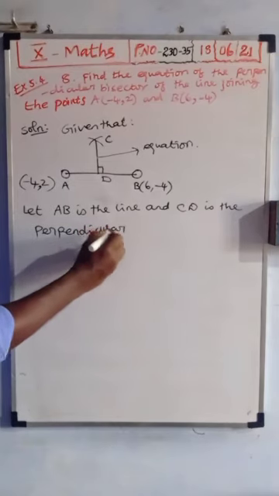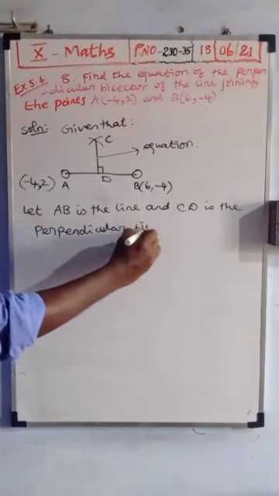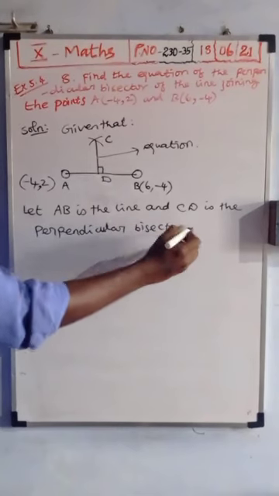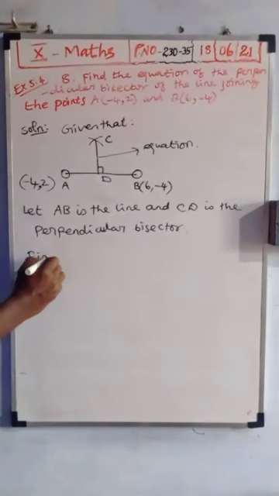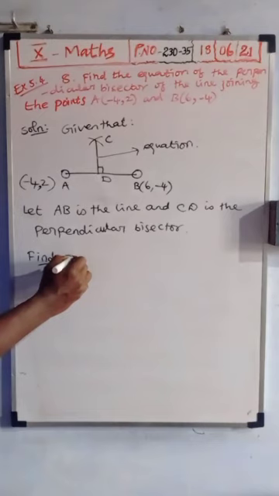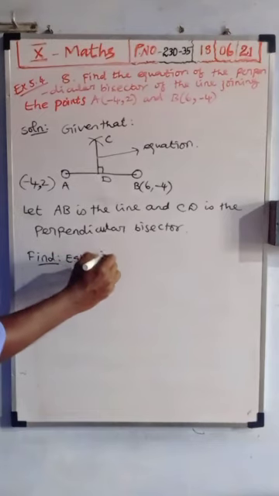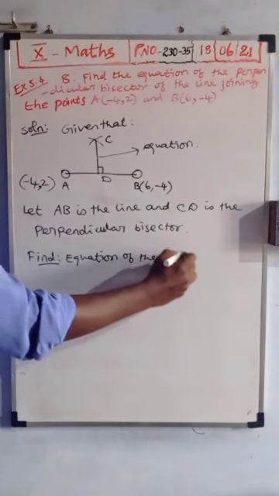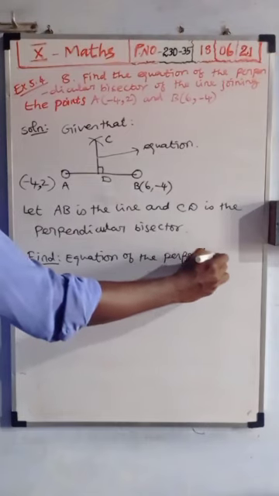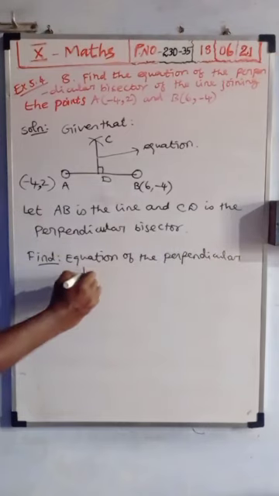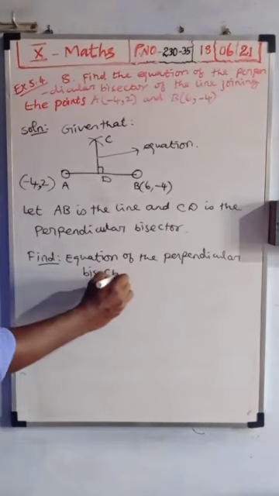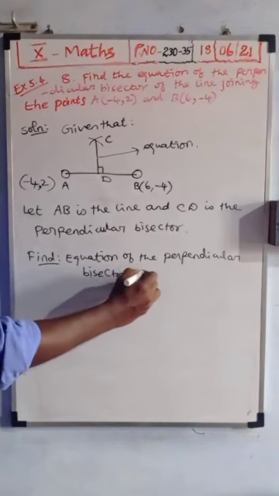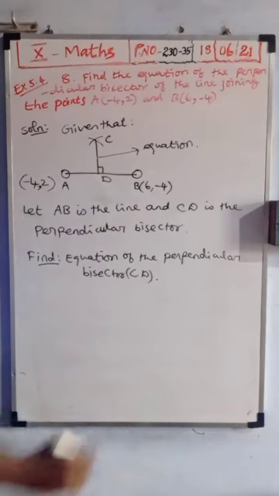CD is the perpendicular bisector. We want to find the equation of the perpendicular bisector CD. Okay, this only we want to find.